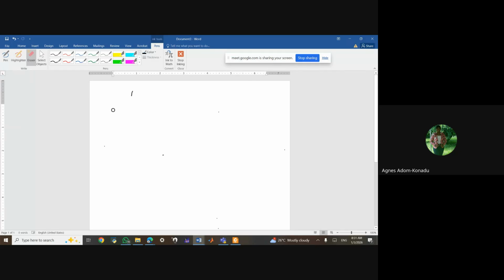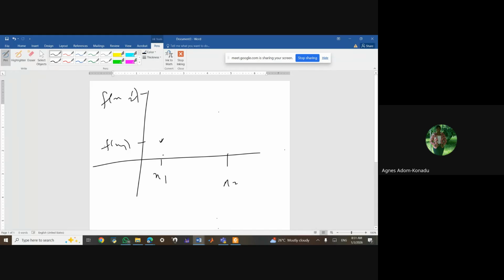Okay, so that's what we are saying. If my x1 is less than x2 and my f of x1 is less than f of x2, so the points are x1, f of x1 and x2, f of x2.